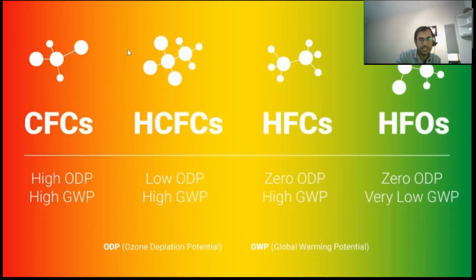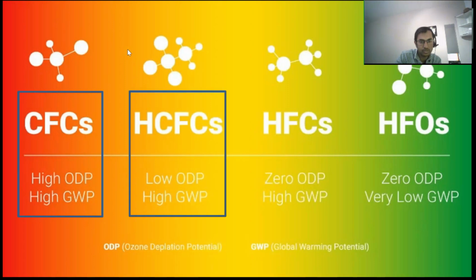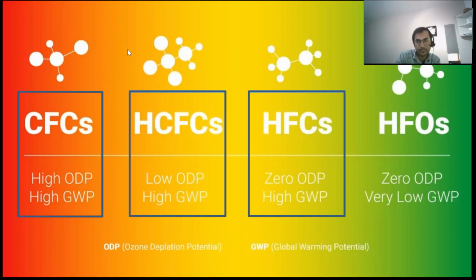So CFCs, HCFCs, HFCs, and HFOs. CFCs have high ODP and high GWP, HCFCs have low ODP and high GWP, HFCs have zero ODP and high GWP, and HFOs have zero ODP and very low GWP. So the transformation is from CFCs to HCFCs to HFCs to HFOs.